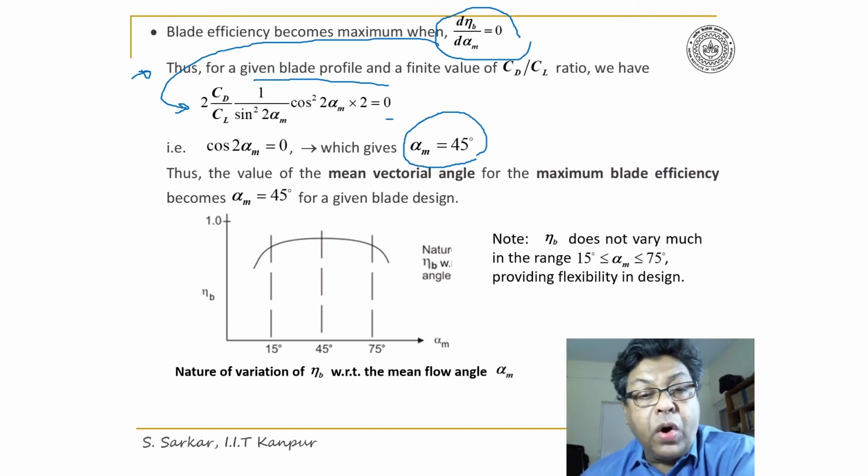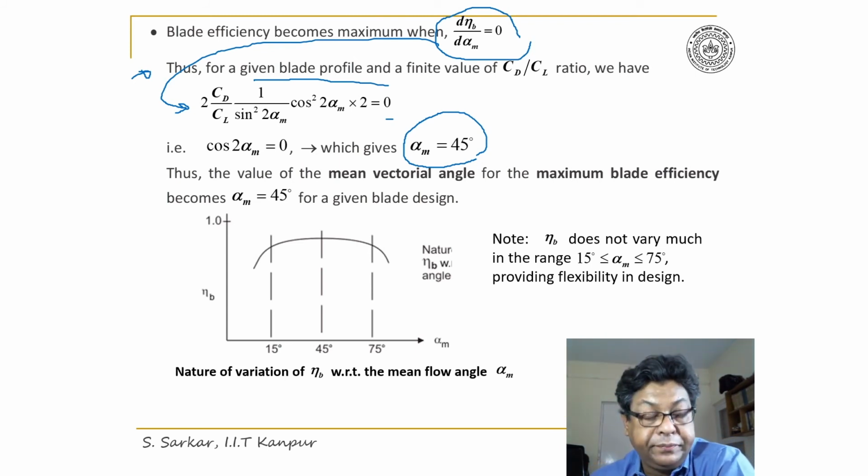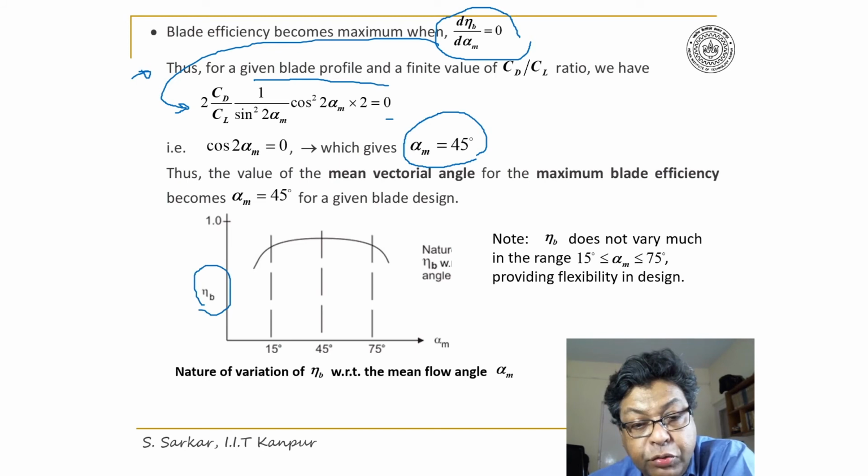Thus the value of mean vectorial angle for the maximum blade efficiency becomes 45 degree for a given blade design. Now here I have plotted the variation of eta b with respect to alpha m.